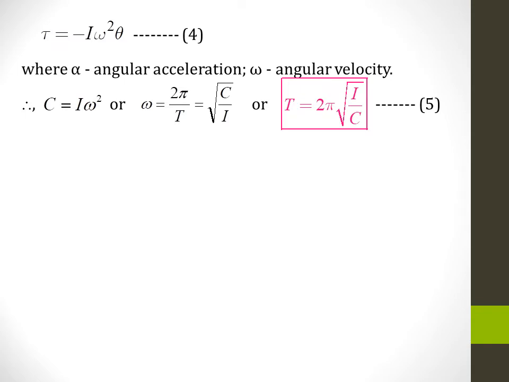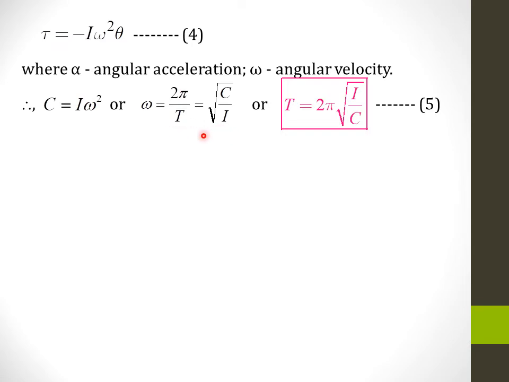Equating those two equations, we have c to be equal to I omega square, and omega being the angular velocity, we have omega to be equal to 2 pi by T, where 2 pi stands for the angular displacement, divided by T, which is the time period. And on taking the square root of c is equal to I omega square, we obtain omega to be equal to square root c by I.